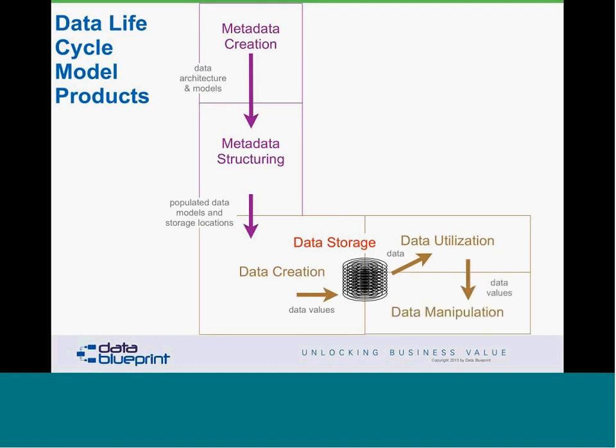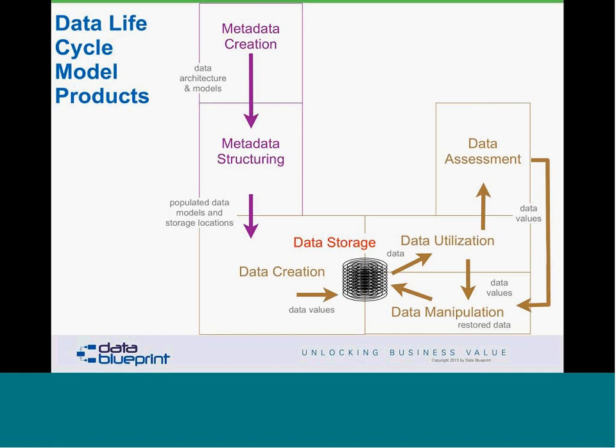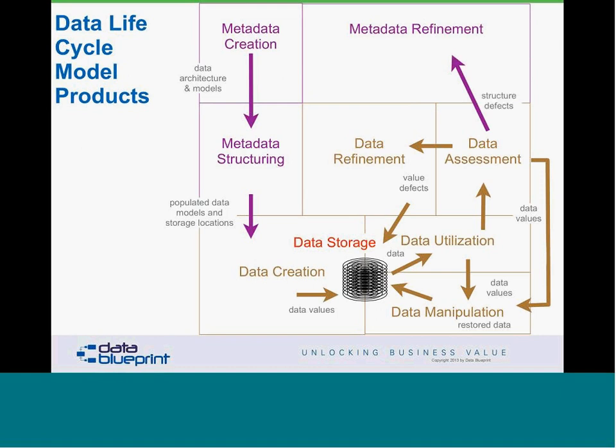We might actually take some of those data values and manipulate them, and perhaps even restore those data values. Those data values can also be assessed, and we'll talk about that in just a minute. We can also then, after we assess them, manipulate them further. We can refine the data values, which particularly focus on data value defects that occur. And finally, if we decide that they are structural defects, we need to go back up and refine the metadata. So this is a more complicated data life cycle.